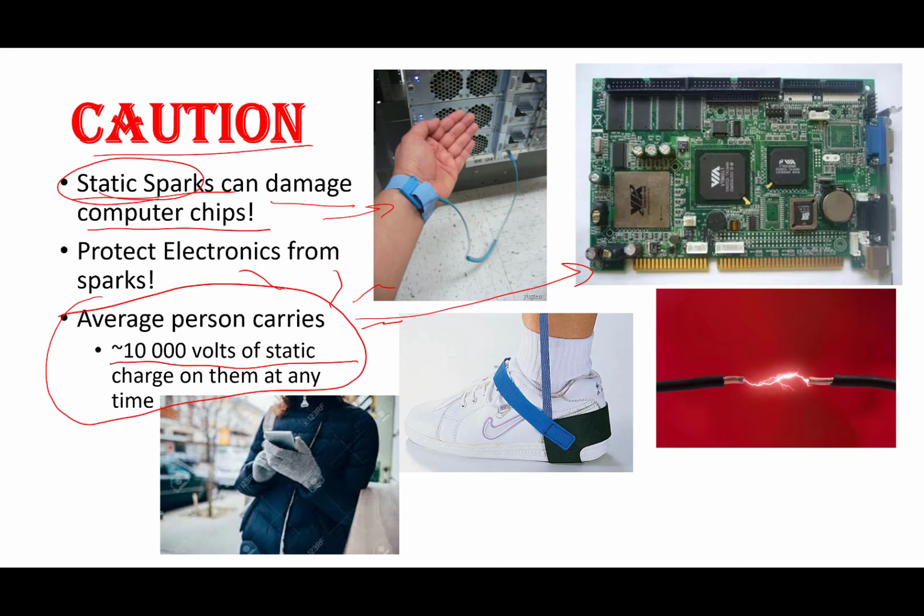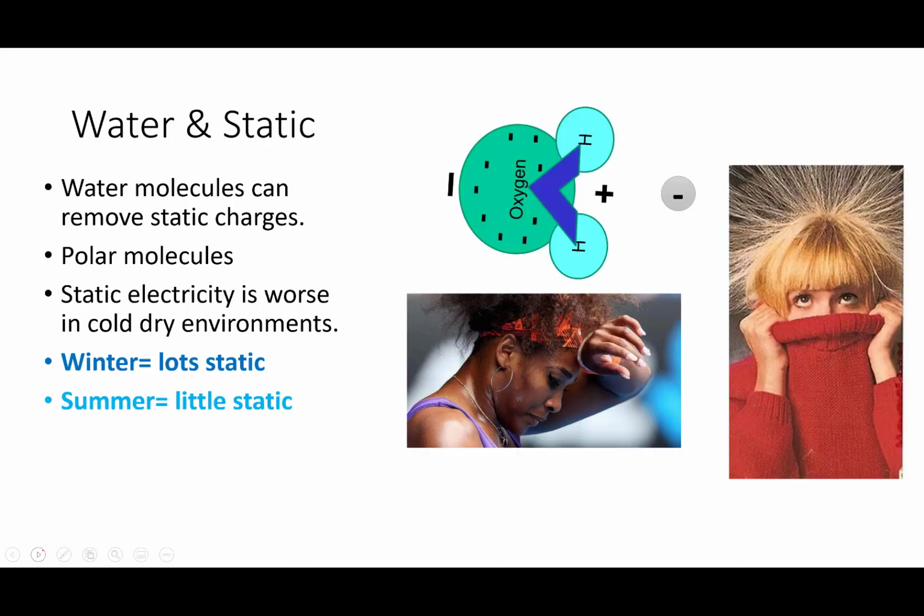If you have ever had a cell phone, especially in the wintertime when it's very dry, and you slide that cell phone into and out of a pocket, like a nylon windbreaker, you can build up a big static charge. Little tiny sparks can jump and you can fry the computer chips in that phone. So just be aware that it can happen. If you've got electronics that die and you ask, why did it die? Well, static electricity could be the culprit.